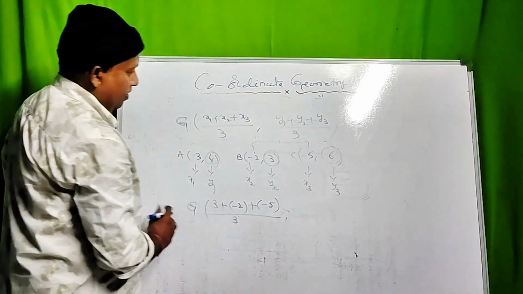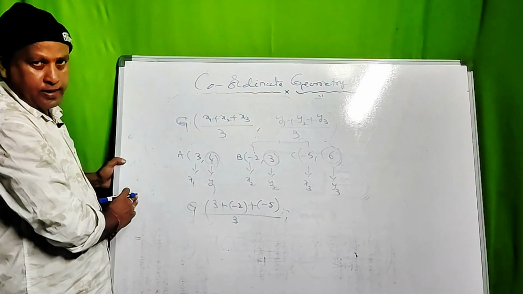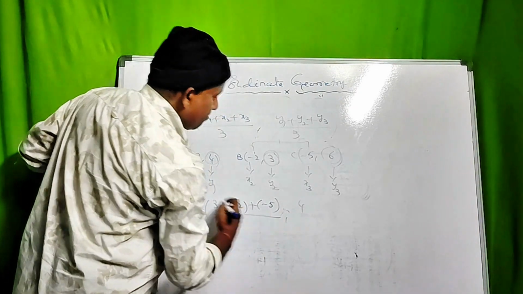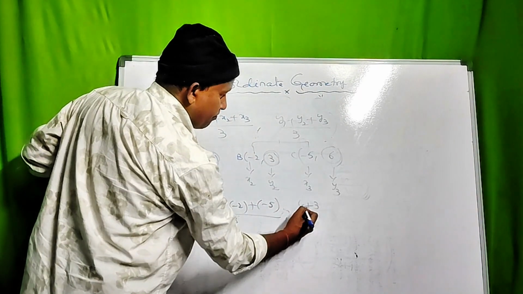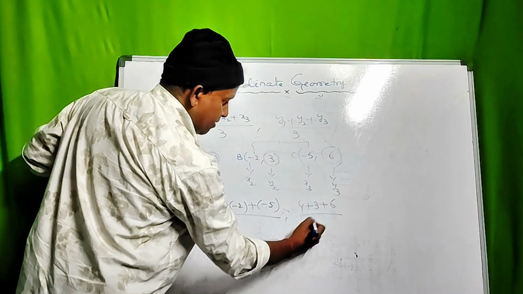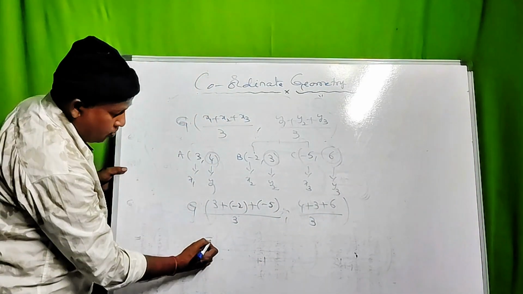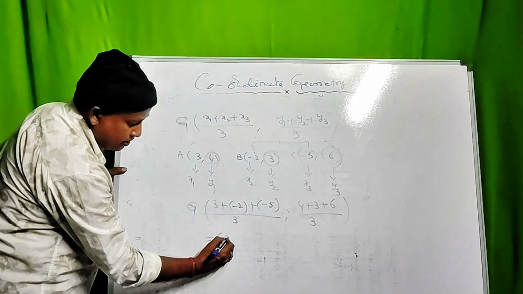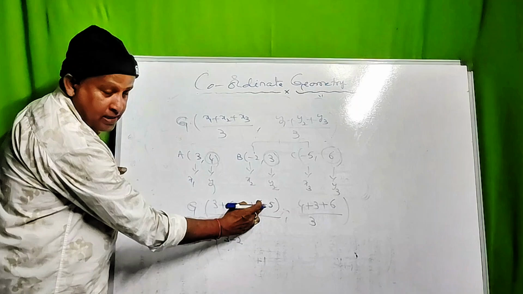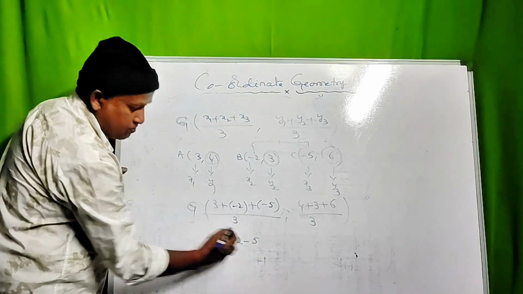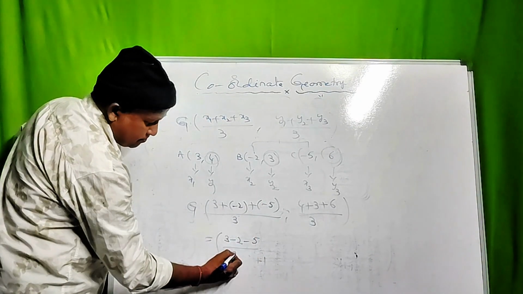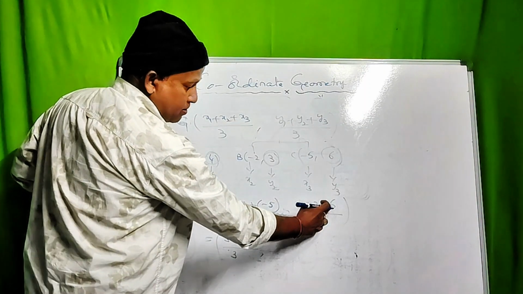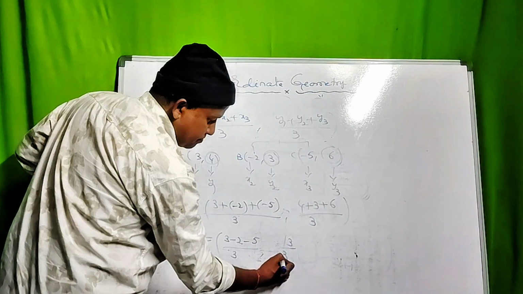Comma. Now think of y coordinates. y1 means what? 4. Isn't it? 4 plus 3 plus 6 by 3. Now 3 minus 2 minus 5 by 3. 4 plus 3, 7. 7 plus 6, 13. 13 by 3.